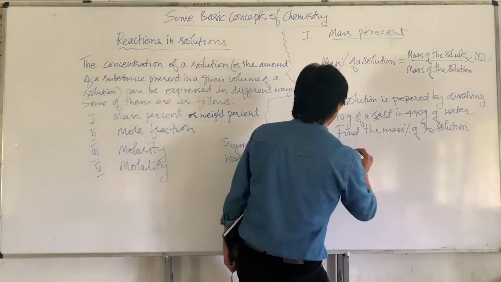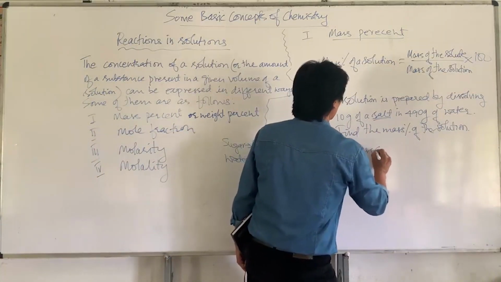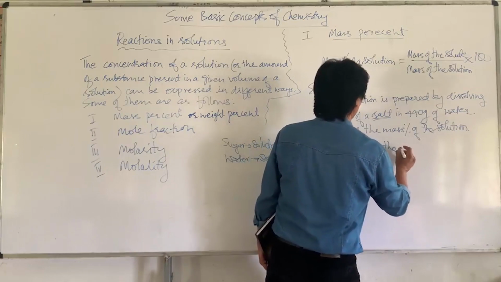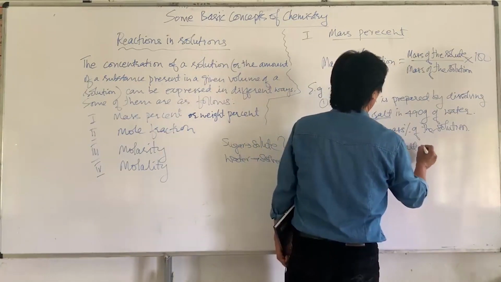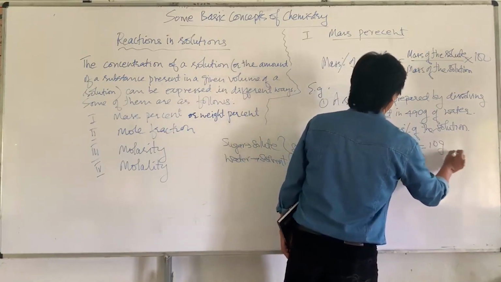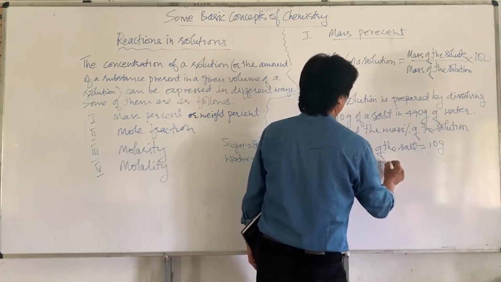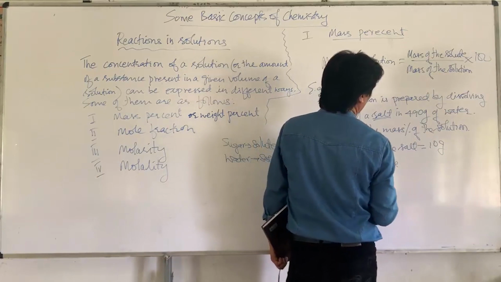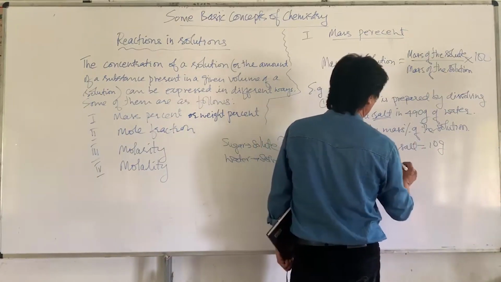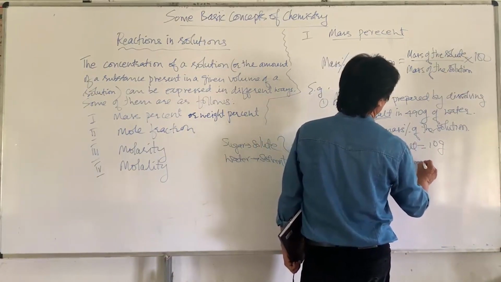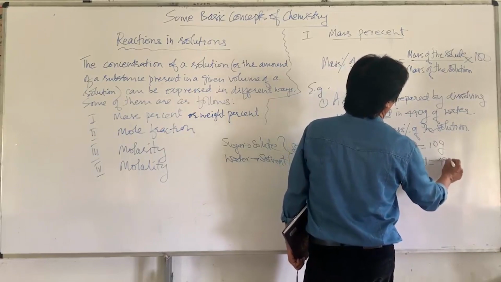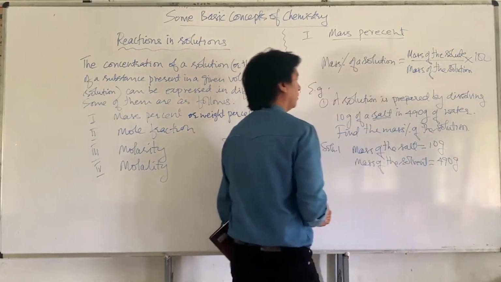So you put it this way: mass of the solute, or the salt, is 10 grams. And then mass of the solvent, or mass of water here, is 490 grams, right?